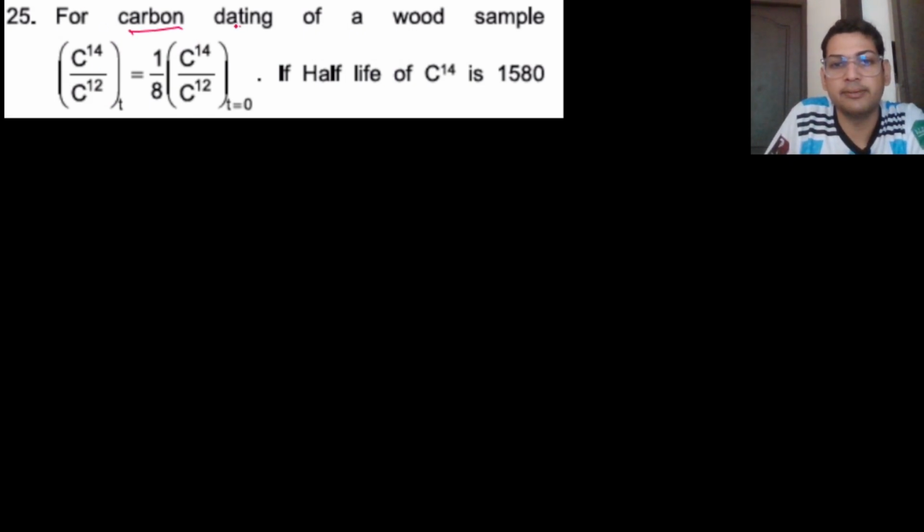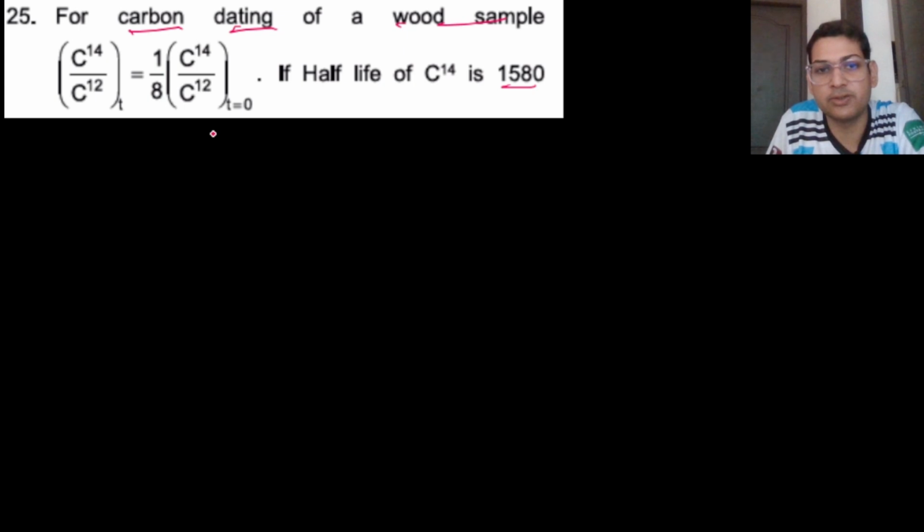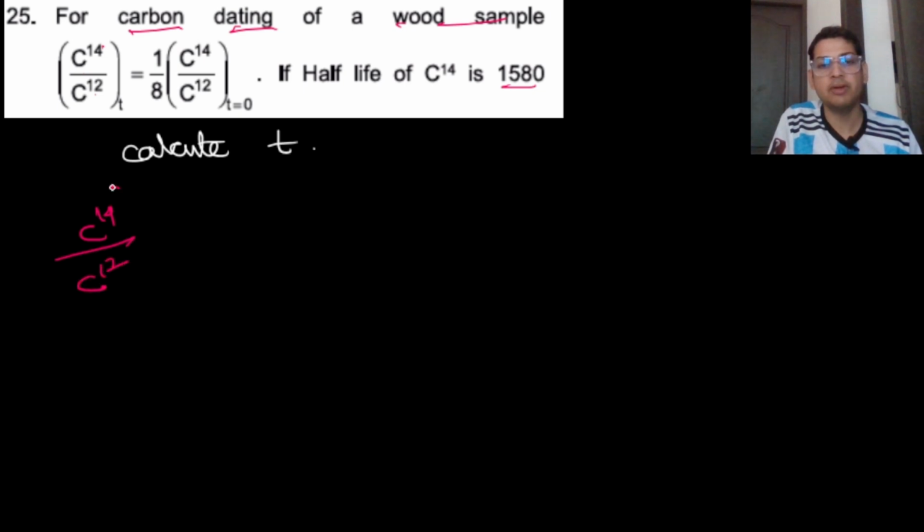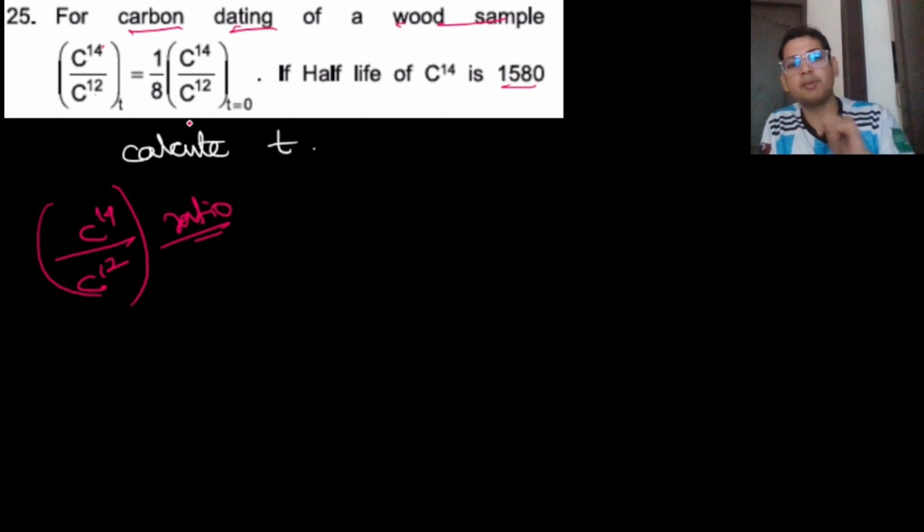For carbon dating of a wood sample, C14 by C12, actually this is a very good question. If the half-life of C14 is 1580 years, then you have to calculate T. You see, this C14 by C12 is a ratio.